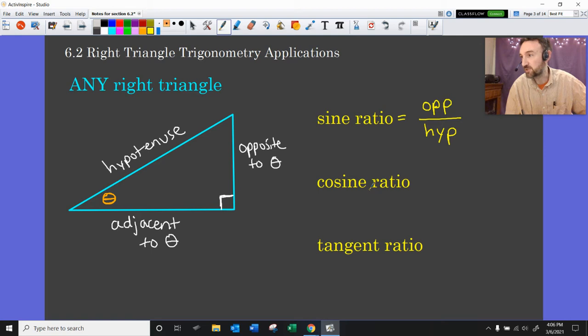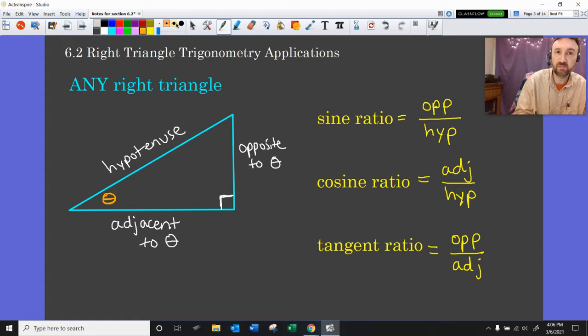The cosine ratio is defined to be the length of the side adjacent to angle theta divided by the length of the hypotenuse. The tangent ratio is defined to be the side length opposite angle theta divided by the side length adjacent to angle theta. You'll see this sometimes written as opposite over adjacent, or OPP over ADJ.